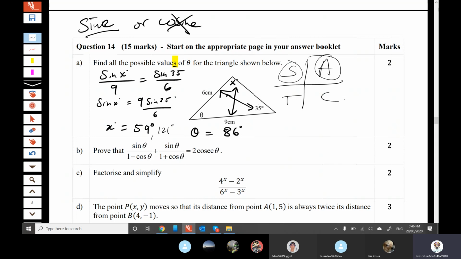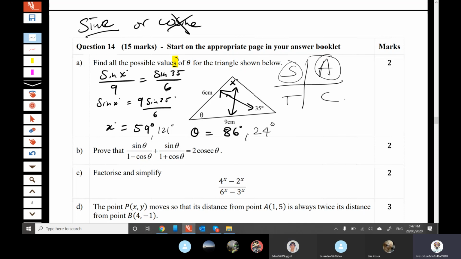And if you did the angle sum of 35 with 121, and then subtract that from 180, you get another answer. Theta can be both 86 and 24, and all of this will still work. You'll still get 35 there, 6 there, and 9 there. Crazy, right? But that's how that works.